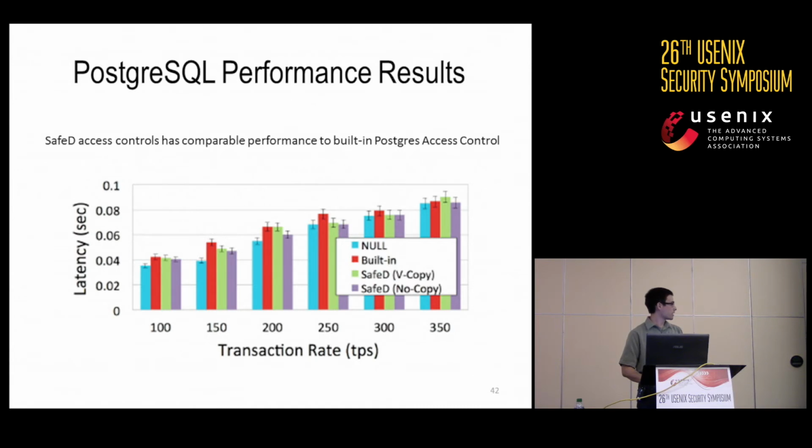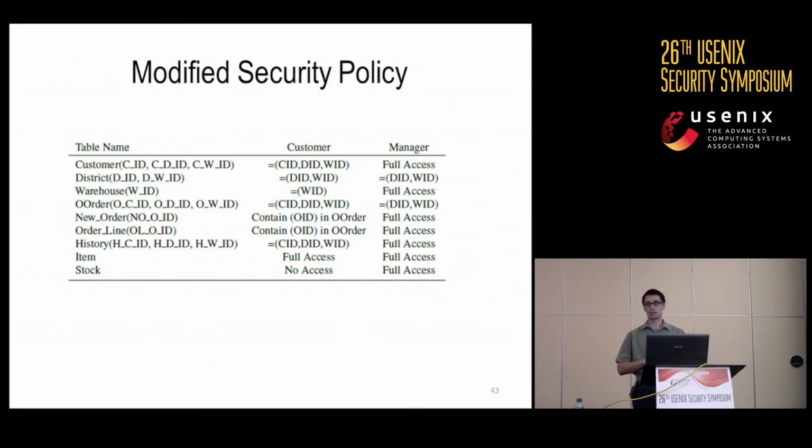This then caused us to ask, what happens when we change the policy? Previously, this was our security policy. And the thing about this security policy is there are no join queries necessary anywhere in it. One of the things we wanted to look at was what happens when there's a join query in the policy, because that's when some of the built-in controls have issues.